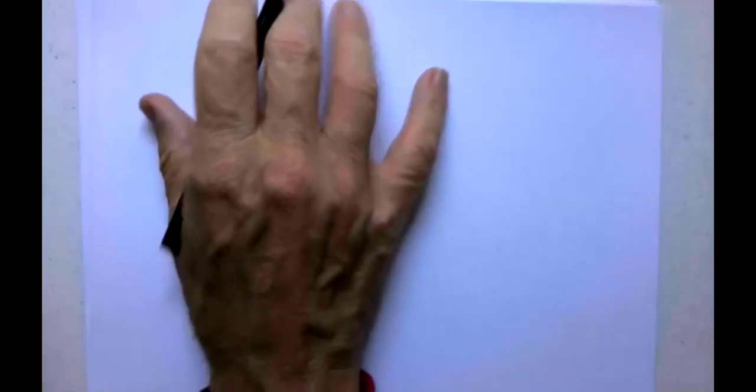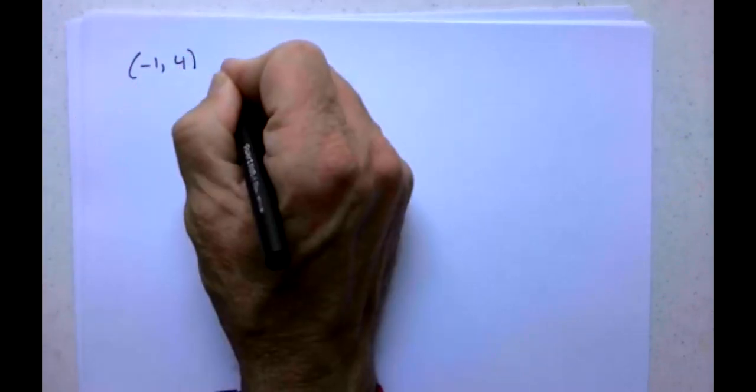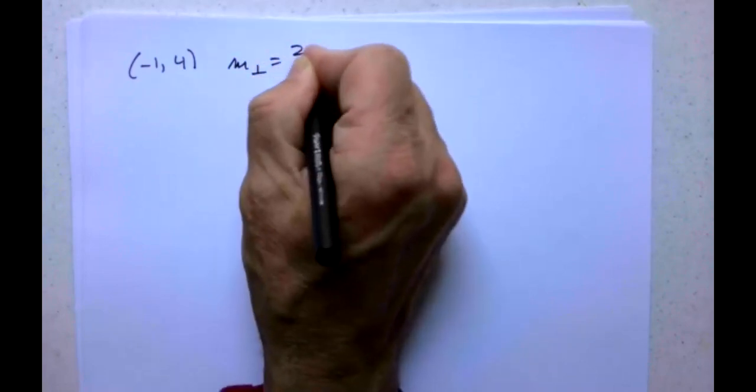So let's find the equation of that line. Again, the point is (-1, 4), and the slope of the perpendicular line is 2/3.